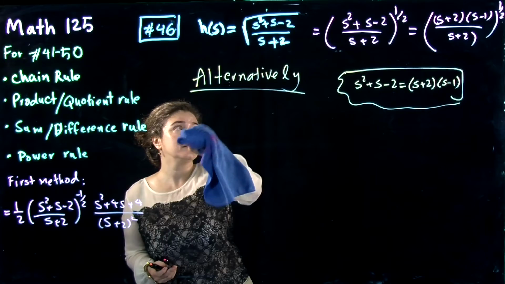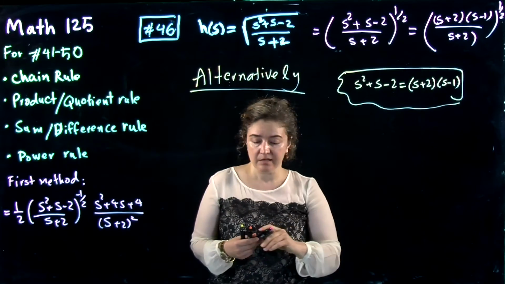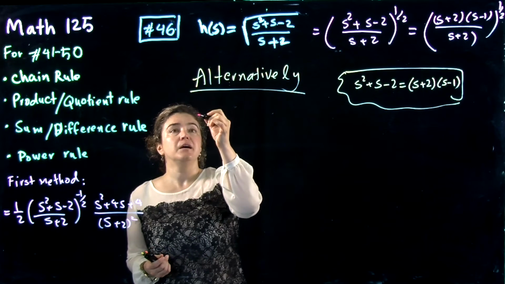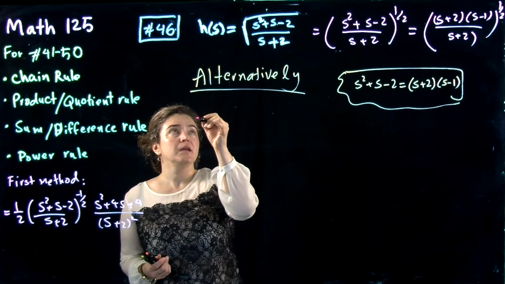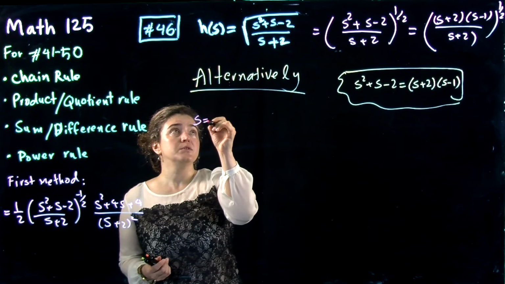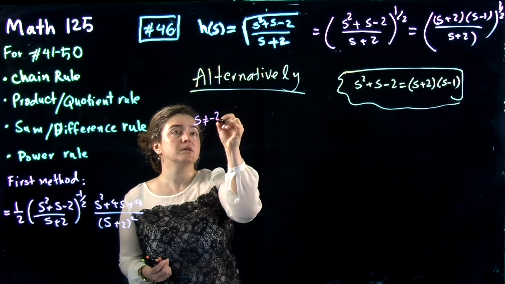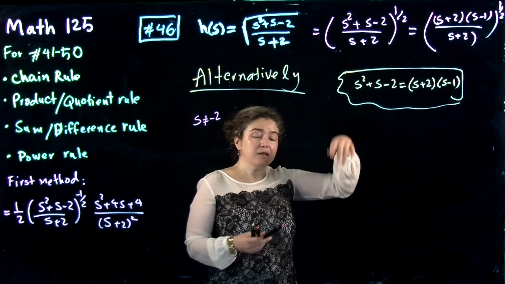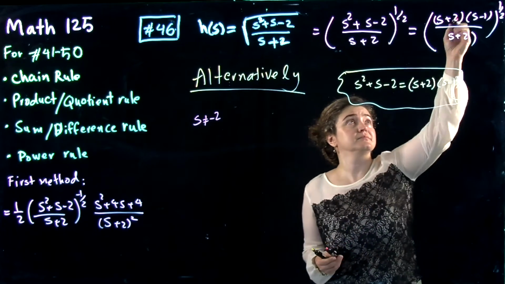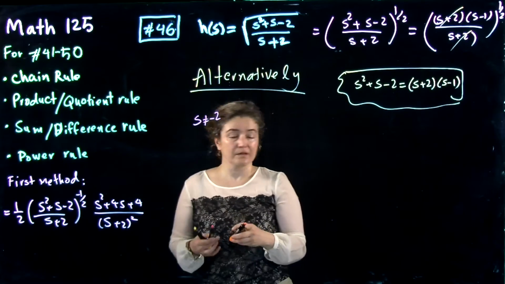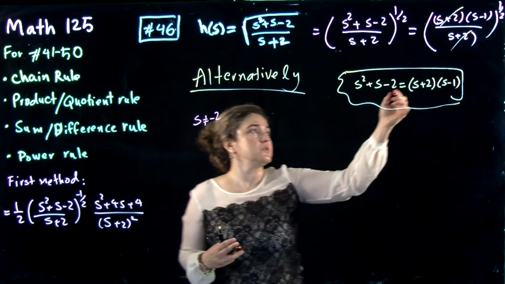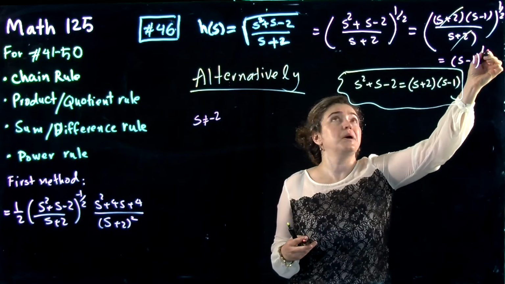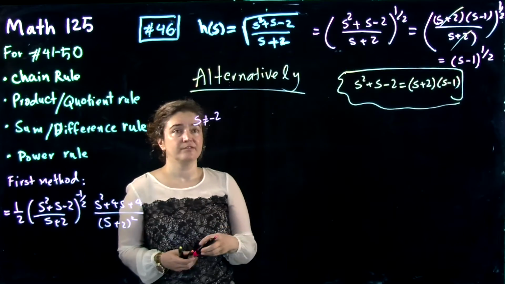Here again, I'm assuming the domain doesn't change. So we're assuming that s is never going to be equal to negative 2. And then I simplify. So this entire thing becomes s minus 1 to power 1/2.